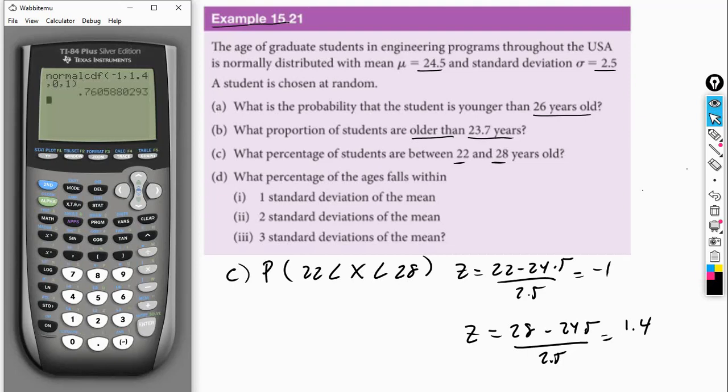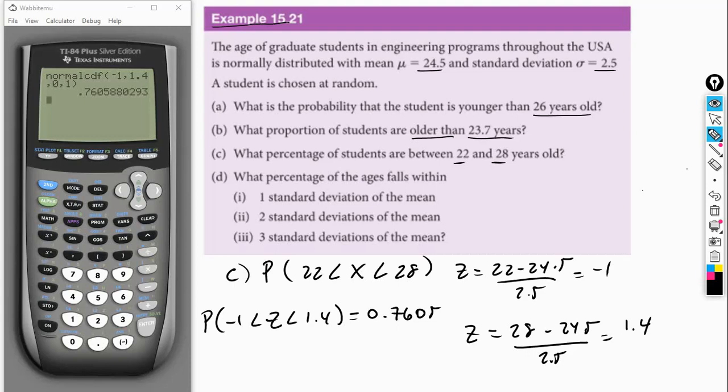Hit enter, and there we are. We get then that the probability that z is between negative 1 and 1.4 is 0.7605 or 76.05%.